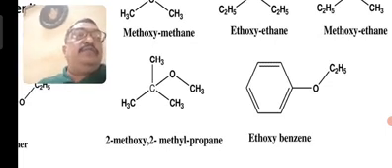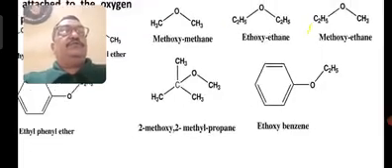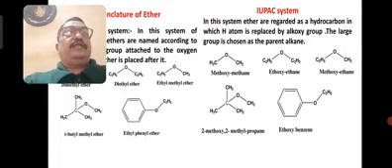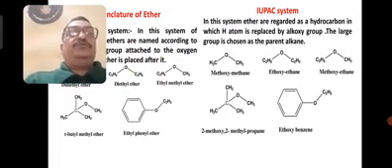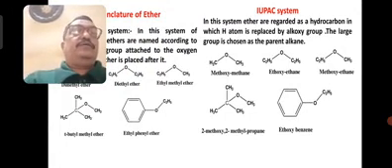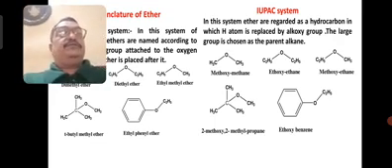Therefore, it can be represented as ethoxybenzene. So this is the nomenclature of this compound. In a common name, the two alkyl or aryl groups are named with the term ether, but in the IUPAC system they are named as alkoxy or benzoxy groups attached to the long chain hydrocarbon. Okay, so this is the naming.